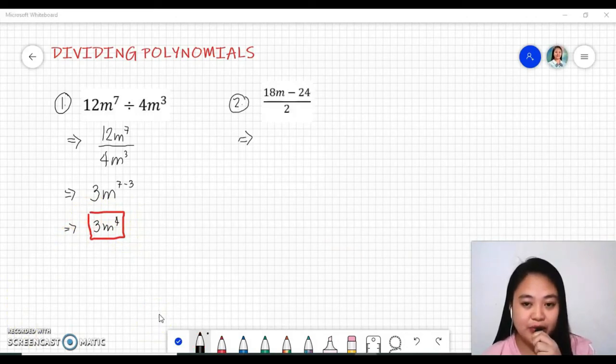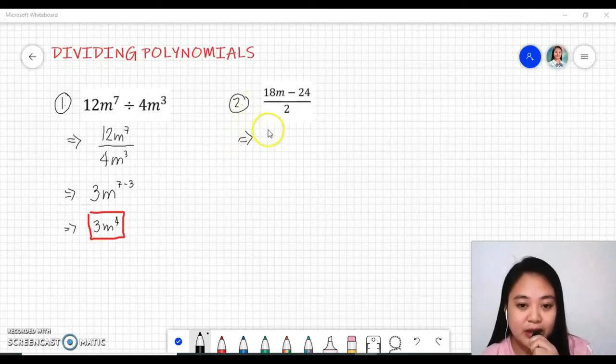18m minus 24 divided by 2. So for us to have an easier division process, we will separate the two terms and divide each term by 2. Like this. 18m divided by 2 minus 24 divided by 2.